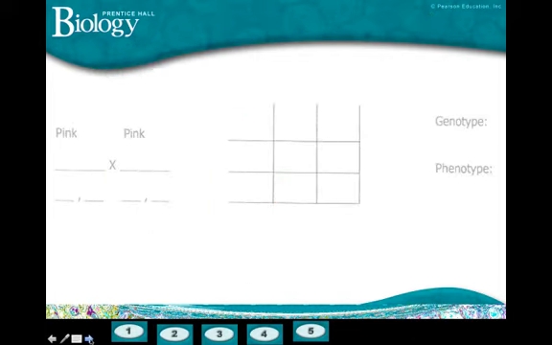Do you think you could do this example in which you would cross two pink plants? Hopefully you know that you're going to cross R, W, and R, W. Go ahead and take a moment, pause the video, and try that one yourself.